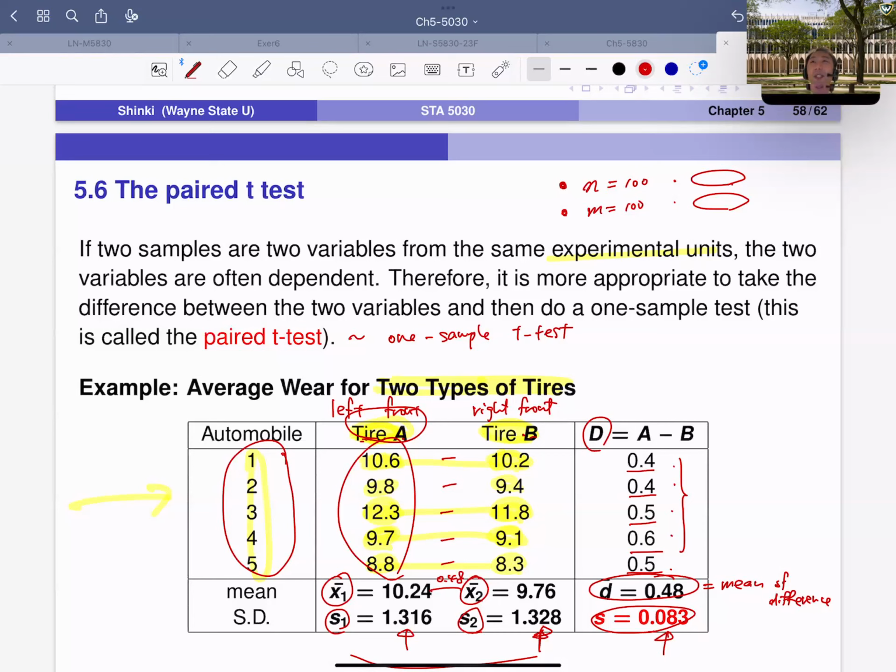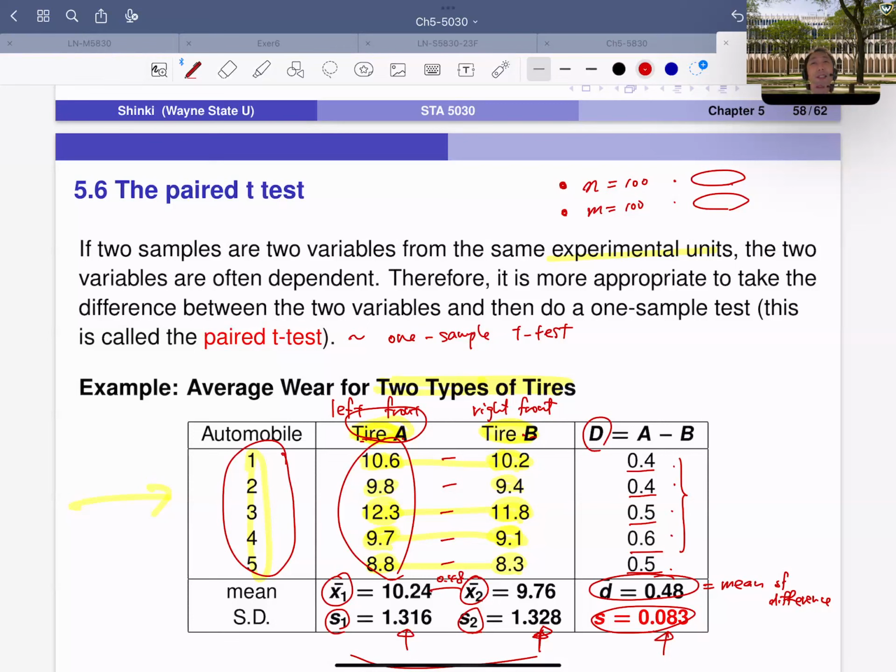So if two samples are independent and the sample sizes are the same, the variances may not have to be the same. What if we do a paired t-test? Basically, we get mostly the same result.